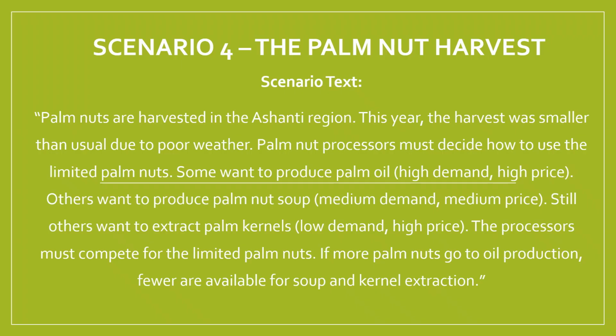Palm nuts are limited. They can be used for oil, soup, or kernels. Different uses compete for the same palm nuts. If more go to oil, fewer are available for soup and kernels. Think about the relationship.